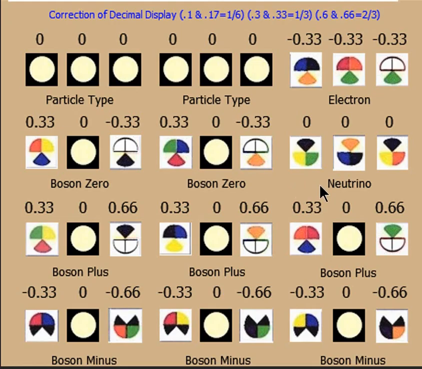Now, on this generic neutrino, we have electron charges of 0. But included in the composition is this boson plus and this boson minus. Since the boson plus and boson minus cancel, the 0 charge on the generic neutrino provides the electric charge for the neutrino.